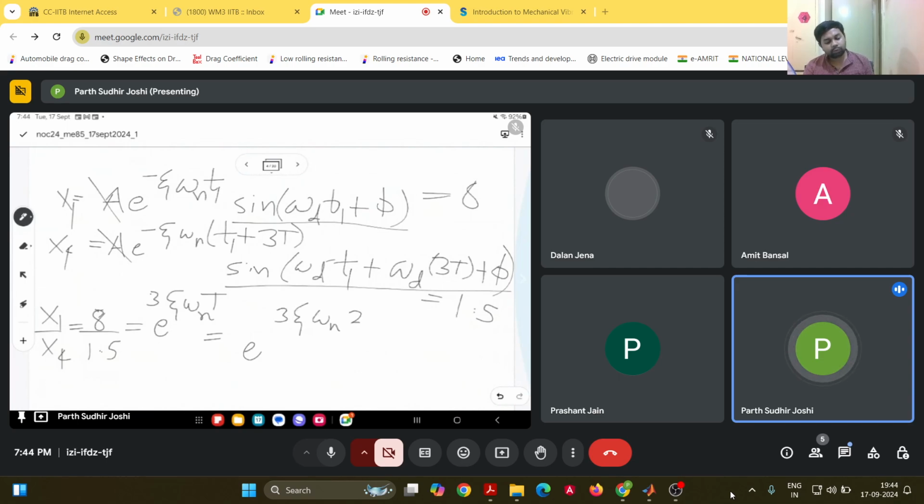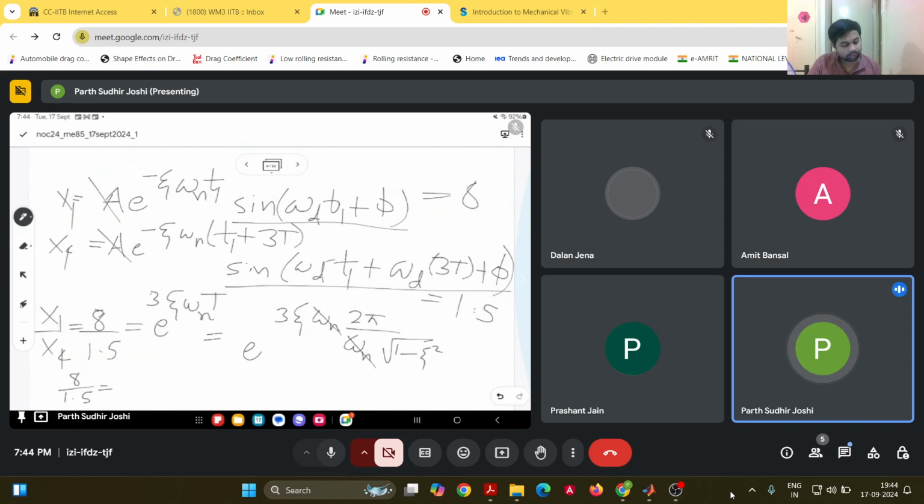So t is basically 2 pi by omega d, and omega d is omega n into root of 1 minus zeta square, right? So omega n will get cancelled.